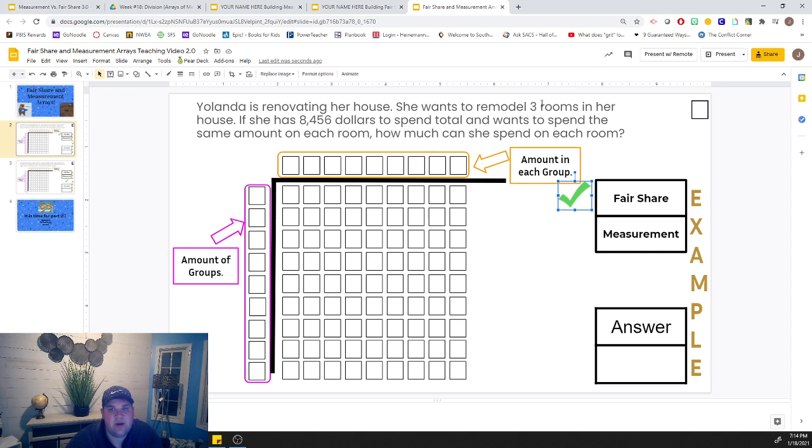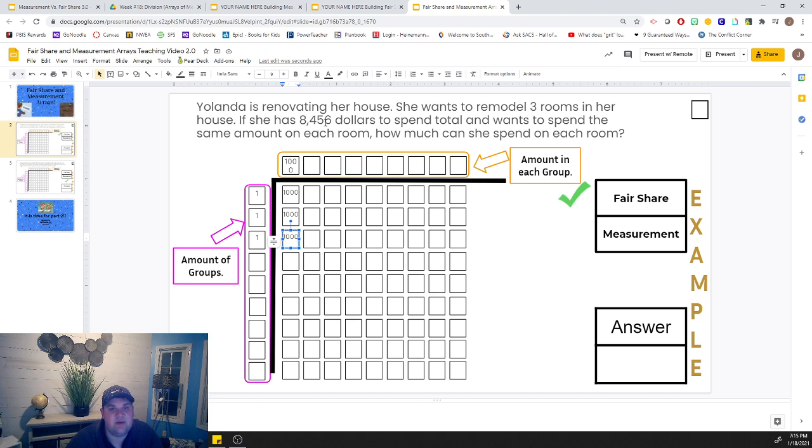So I know that there's going to be 3 rooms. So here's one room, here's another room, here's another room. And I know that she has $8,456. So if I first start in here and I give $1,000 to each room, I now have $3,000 total in each room.